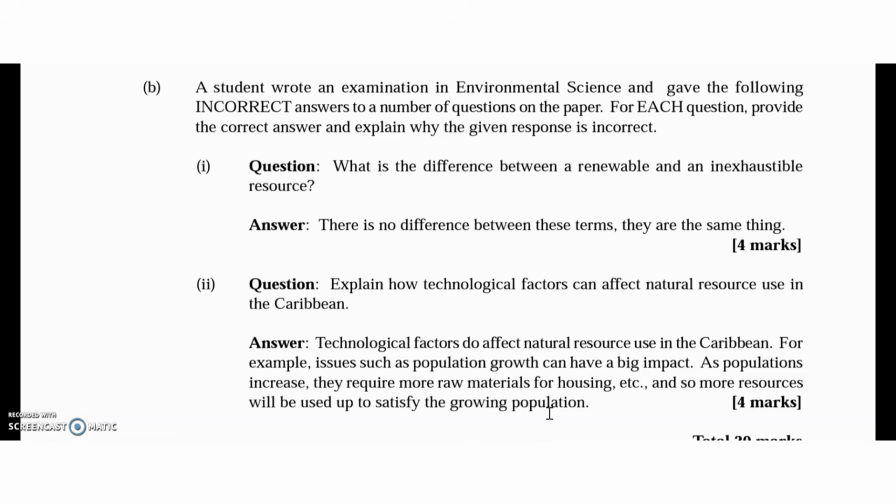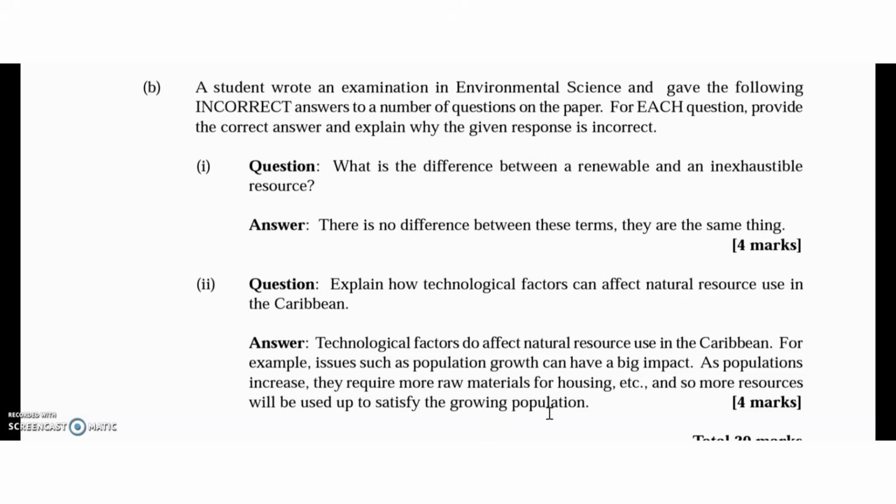what the student mentioned here was specifically not technological factors. He spoke about demographic factors, and those demographic factors, as he mentioned, are population increases and whatnot. He didn't touch on technological factors.